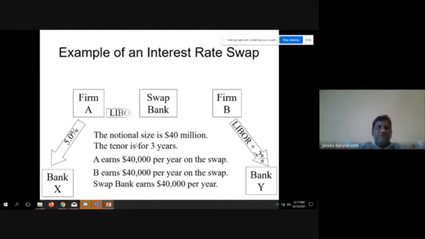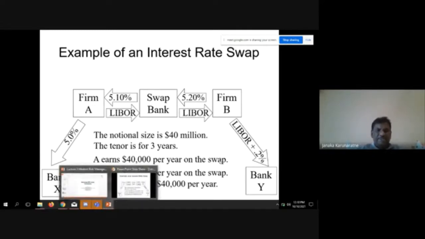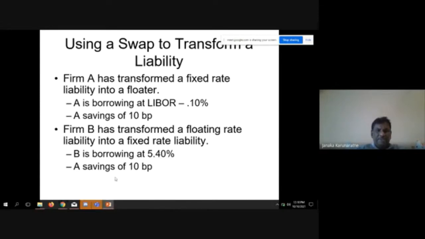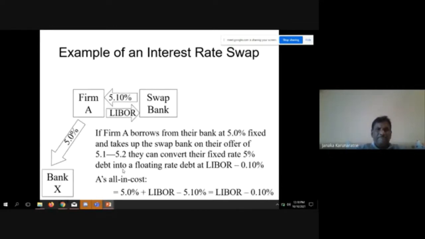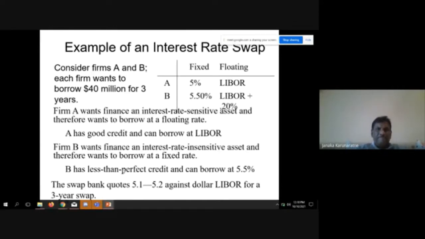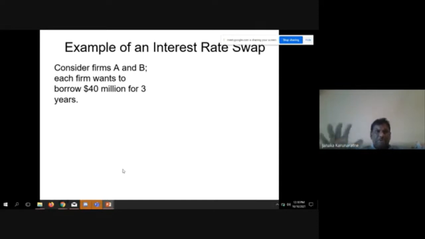Then the whole structure, if you look at it, this is the whole structure. The loan amount is, let's say, 40 million. I think that's what we discussed earlier. Yeah, 40 million for 3 years.